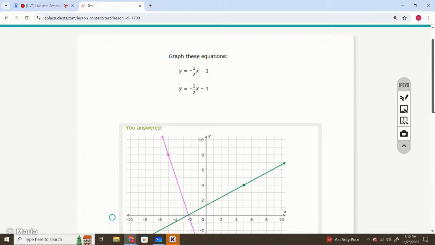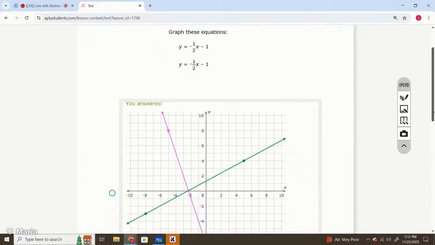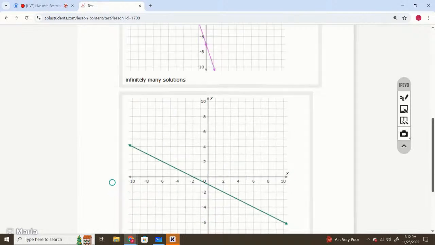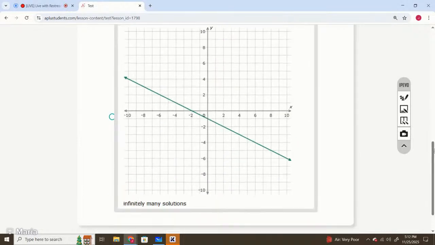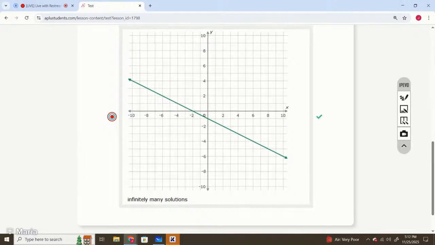Graph these equations: y equals negative 1 by 2x minus 1 and y equals negative 1 by 2x. Correct option, the system has infinitely many solutions.